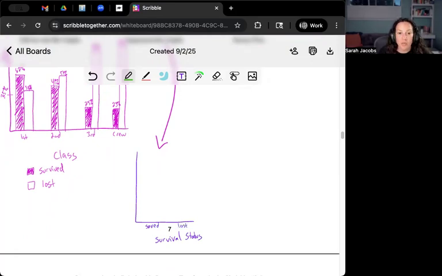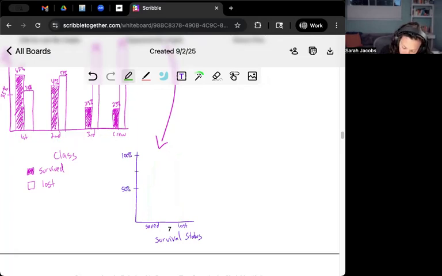For these, we have to go up to 100% because for all the people who were saved, who survived, they were either in first, second, third, or crew, right? They were in one of those classes. Same goes for all the people who were lost. That's all the possibilities. So there's our 100%. I'm going to put a mark here for my 50%.